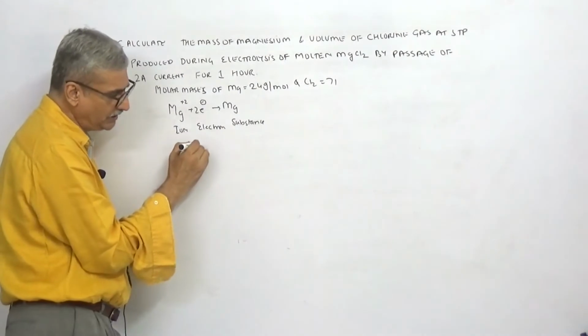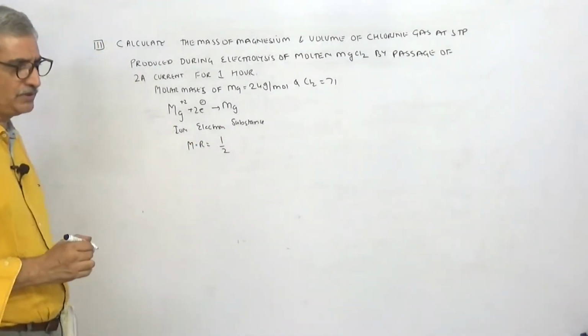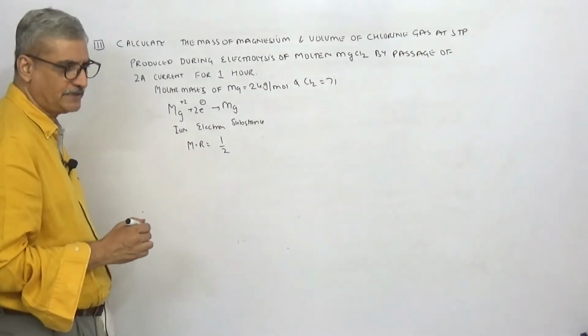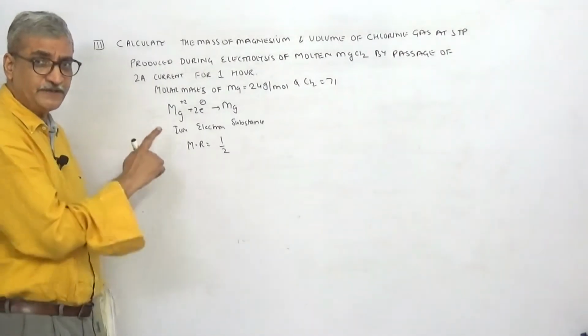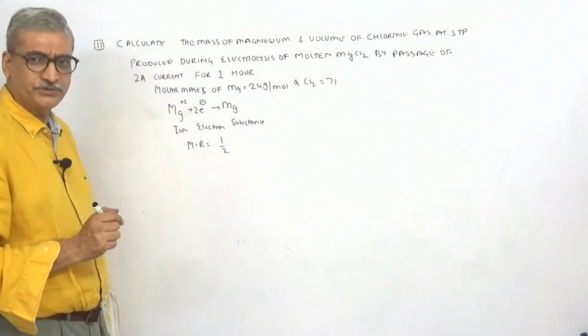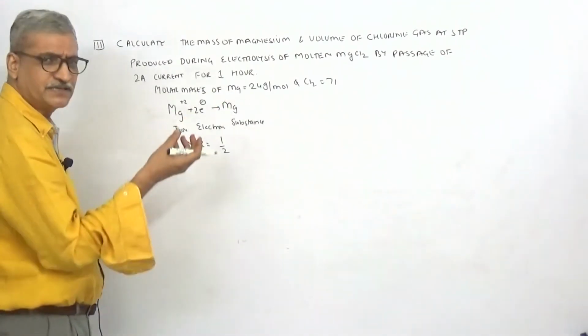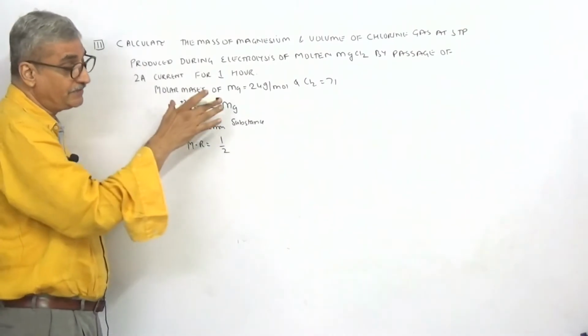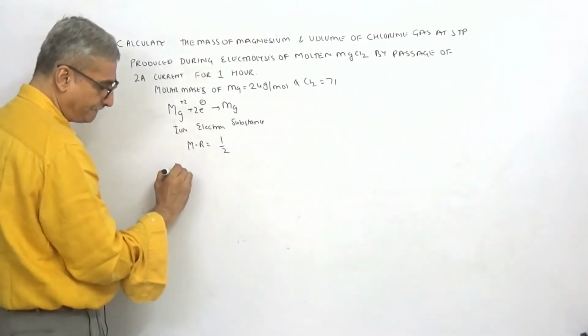So your mole ratio Mr will be 1/2, mole of substance upon mole of electron. Is this clear? Then they expected the board this way only, I am telling you. Mole ratio, they give half a mark for this. There is a marking scheme for this. If you write this, then you write the formula.